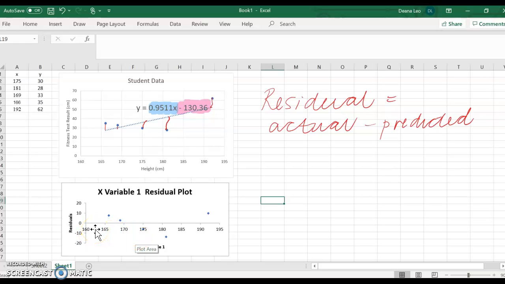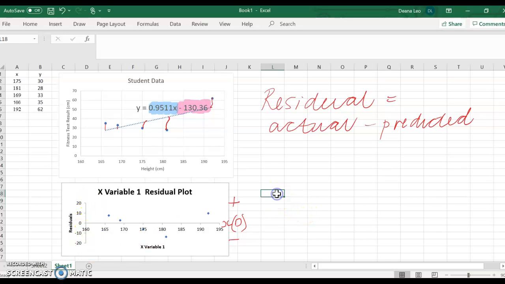Essentially, this here is our 0 or our x-axis. Up here is our positive residuals, and down here is our negative residuals. So you can see the numbers match from our x-axis, but now it's a horizontal axis, in the middle of the y's.